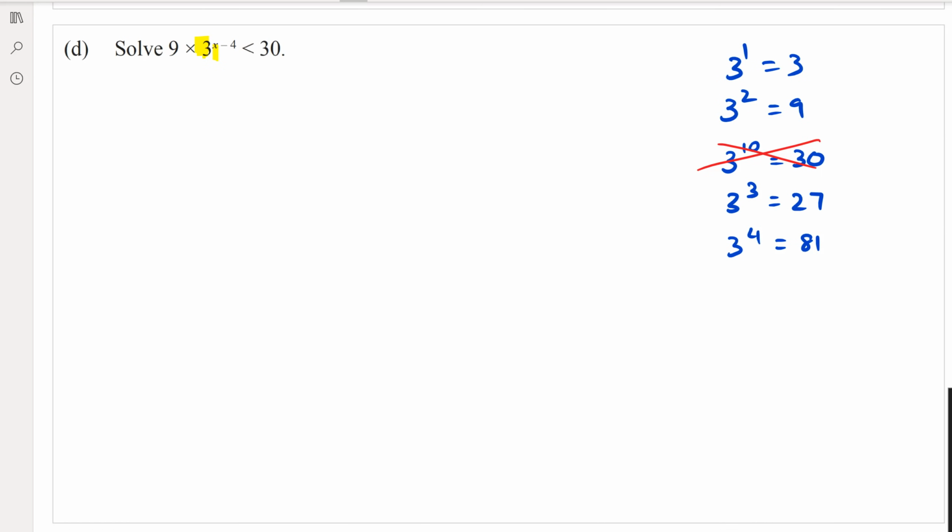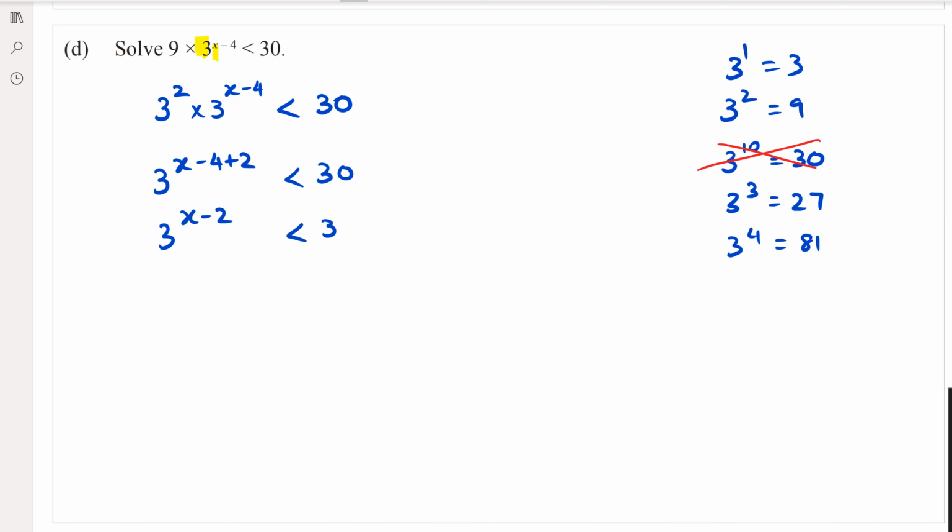So we're going to stop here, and we're going to rewrite 9 as 3 squared multiplied by 3 to the power of x minus 4, not equals, and it has to be less than 30. So because the bases are the same, we add the powers up. We're going to get 3 to the power of x minus 4 plus 2 is less than 30, which gives us 3 to the power of x minus 2 is less than 30.